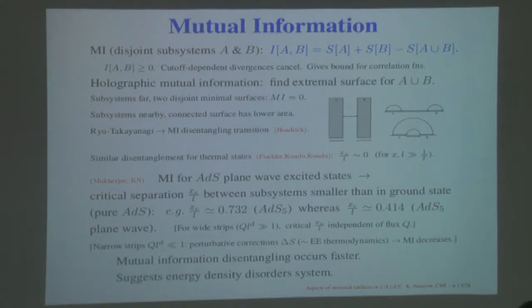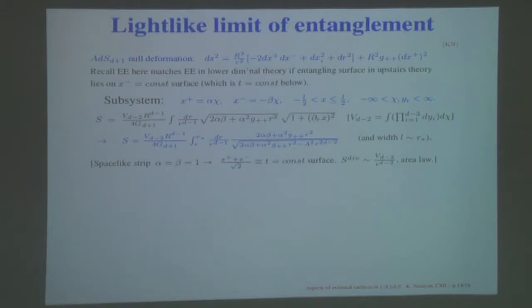Okay. So what have we done so far? We've studied these AdS plane wave type upstairs string constructions for some of these low dimensional theories, and I've just outlined a collection of properties of the entanglement if I just look at the upstairs theory itself for space-like subsystems.